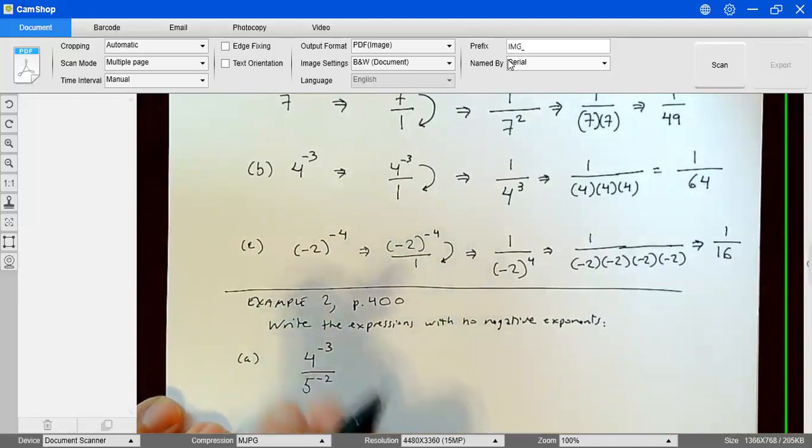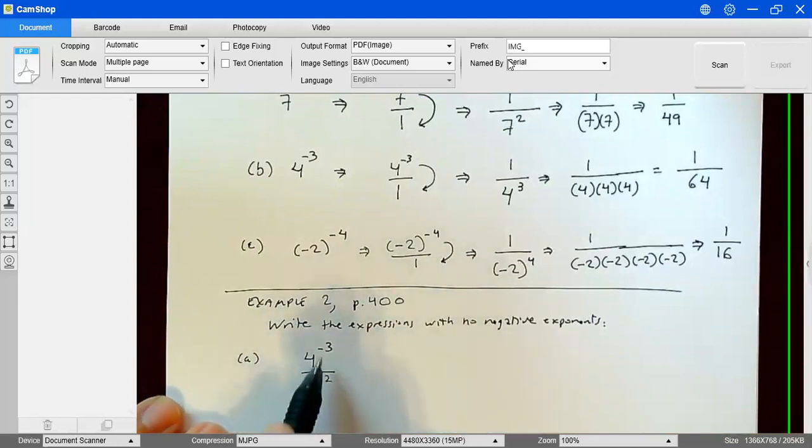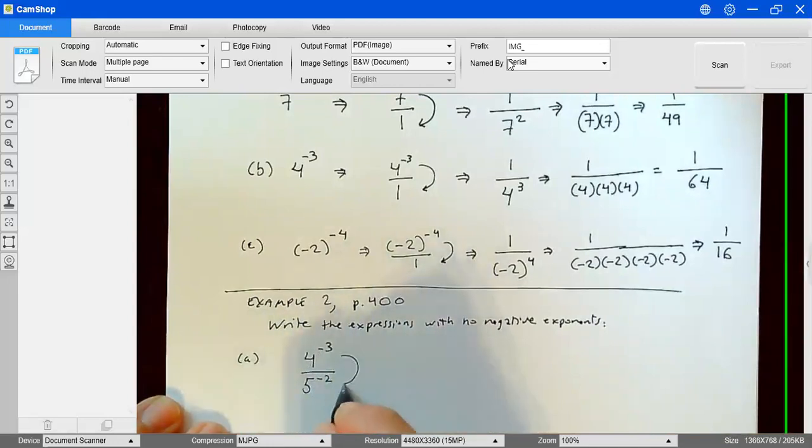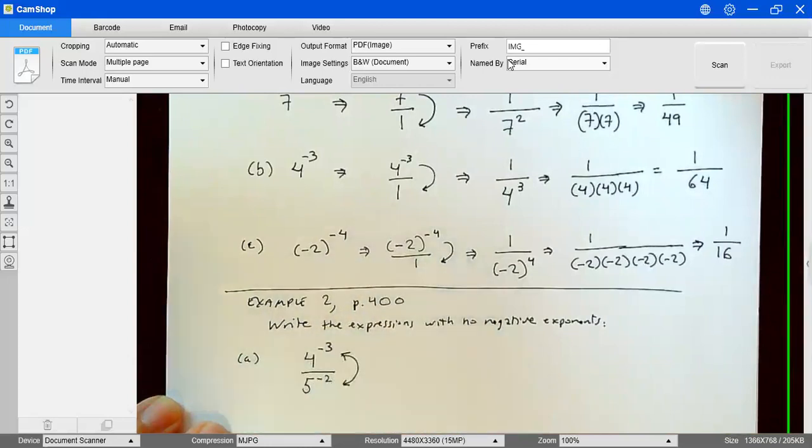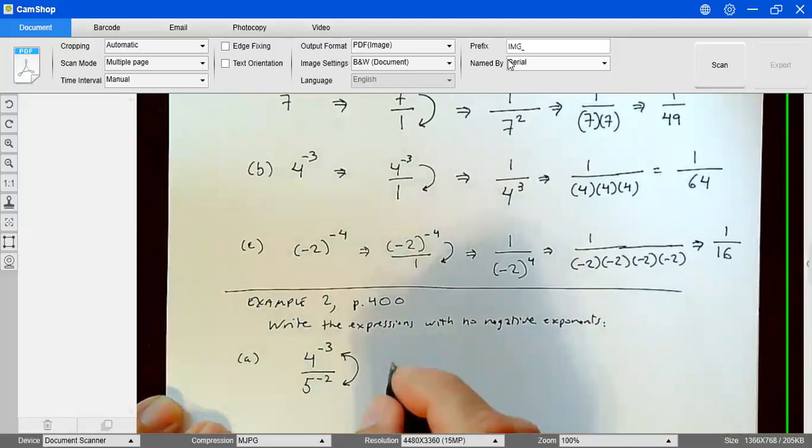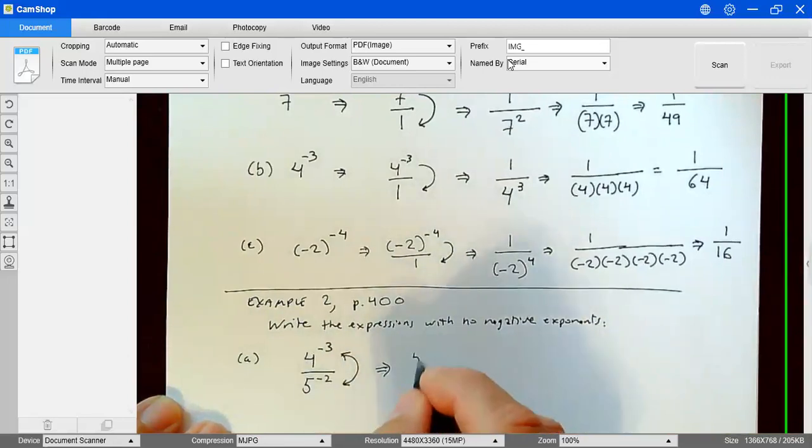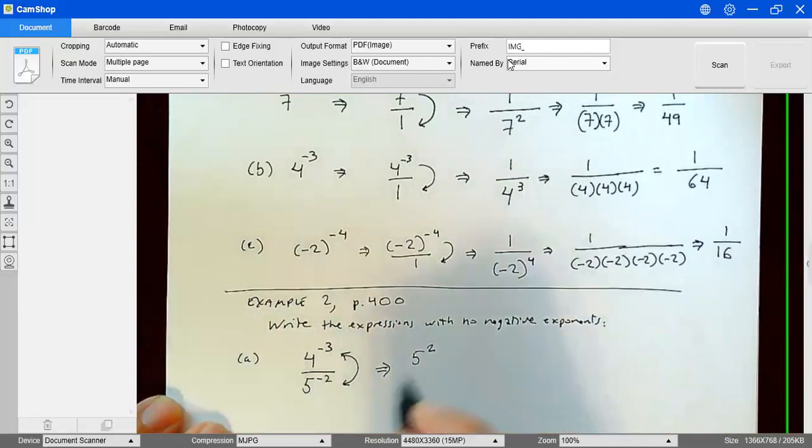So in both cases, we have negative exponents both in the numerator and the denominator. So we're going to just flip these two. We're going to swap. So we're going to end up with 5 now in the numerator, but with a positive exponent. And we're going to end up with 4 in the denominator, but now with a positive exponent.